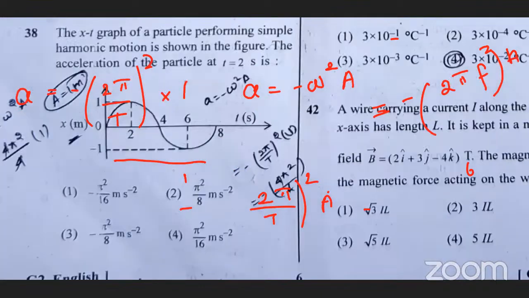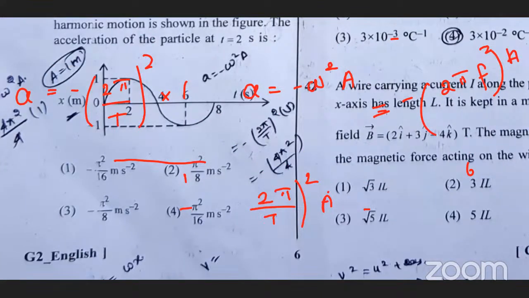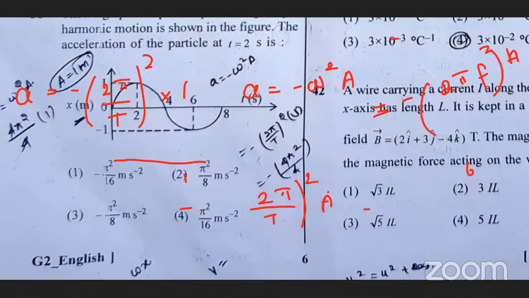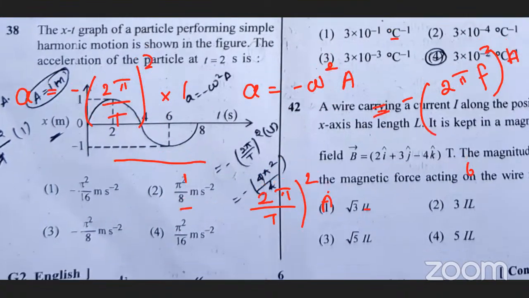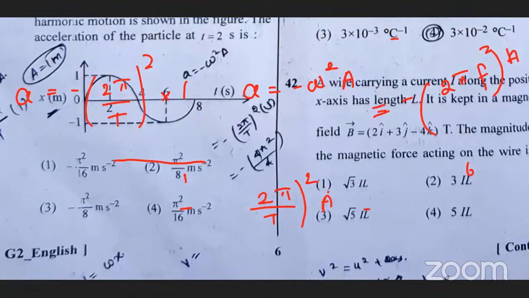The time period is 2 here. So applying all these values in the formula, we are getting 4 pi square by 4 into 1. The 4 and 4 get cancelled. So the right answer is minus pi square by 16.